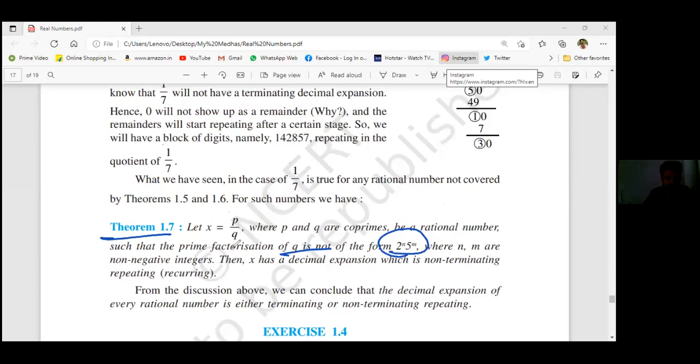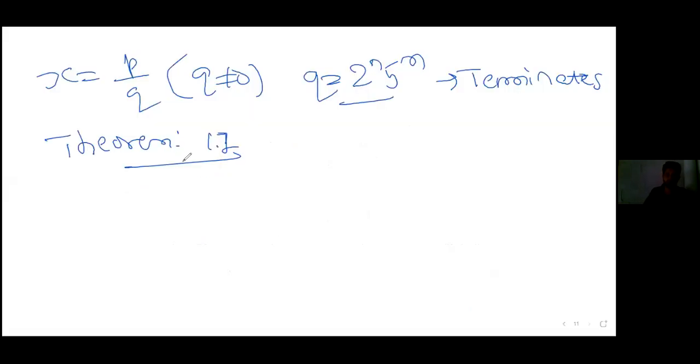That is, if q is not of this form, then this x has a decimal expansion which is non-terminating, repeating. So this theorem also gives us the statement that if q is not of the form, then we will get a decimal expansion which is non-terminating repeating. Is that clear, everyone? So that is all about the theory part or the theorem part.